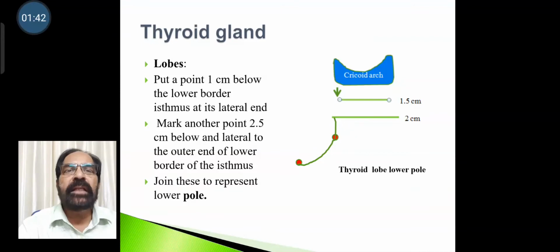Next, mark another point 2.5 centimeters below and lateral to the outer end of lower border of isthmus. Join these points. This represents lower pole of thyroid gland.